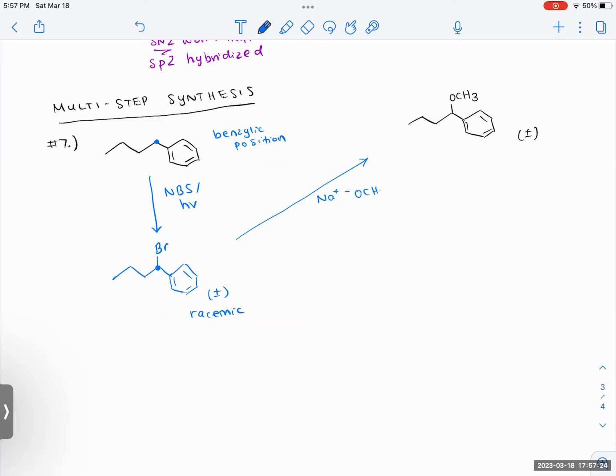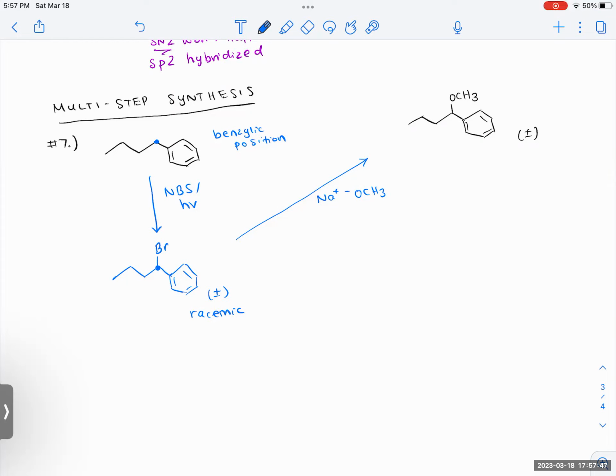And you can just throw that on there and then you're done. Because it will just come in, substitute for the bromine, and now we have the methoxide in the spot where we need it. But if you don't remember that, that is also okay, because you can use different avenues to get to the product.